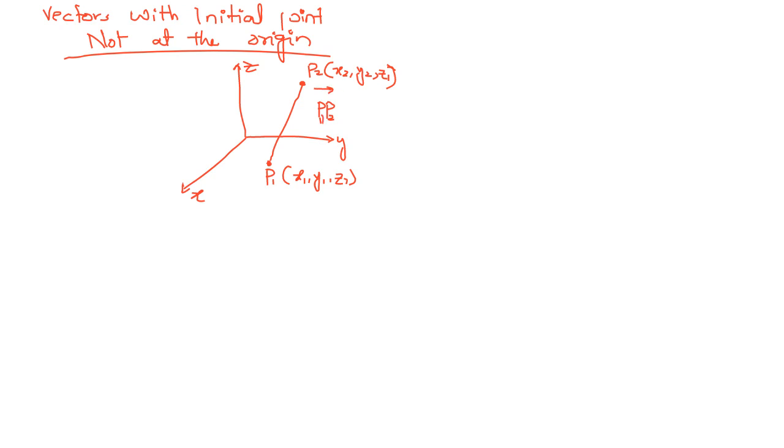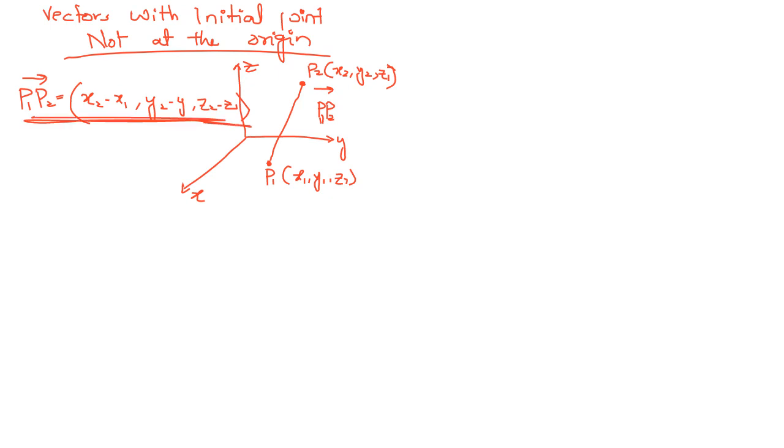So how can you find the P1P2 vector? The P1P2 vector is equal to x2 minus x1, y2 minus y1, and z2 minus z1. You can similarly find it from this formula.